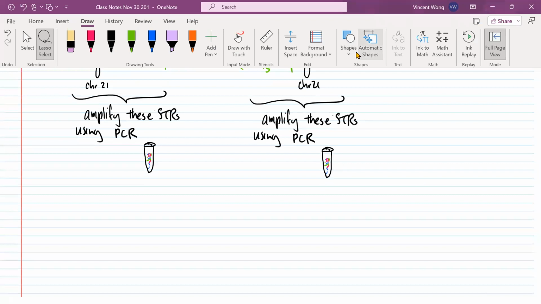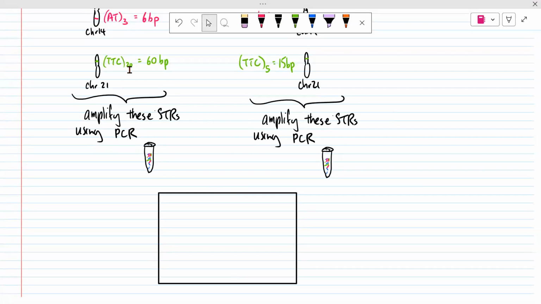And we are going to load it on a gel. Okay, load it on a gel. So that's the well. I'm just gonna have a bunch of wells here. Now we don't have to load up all of them, right?